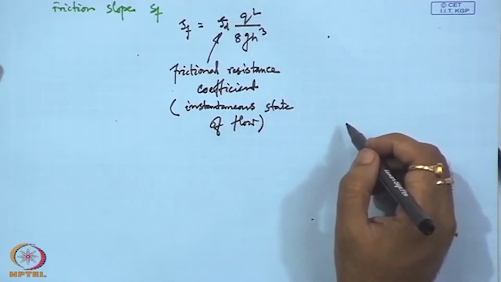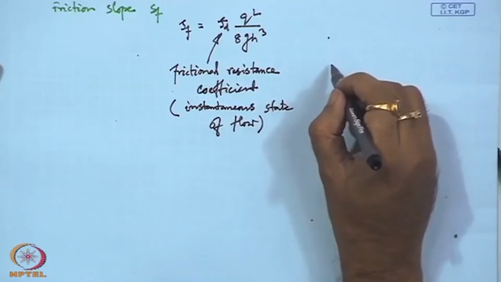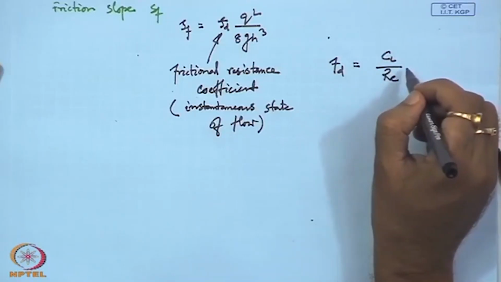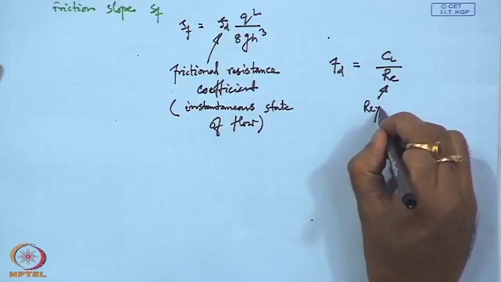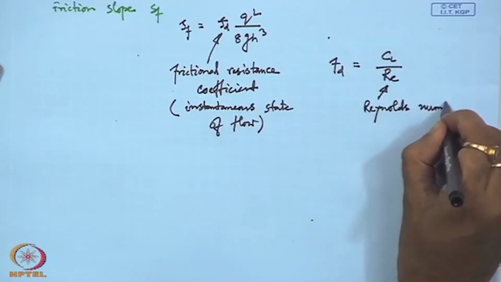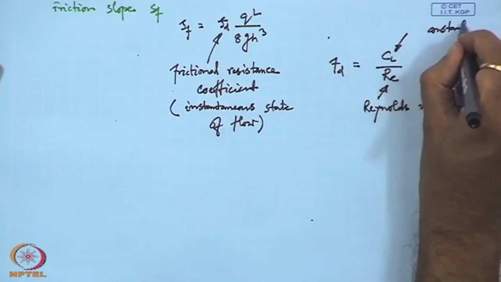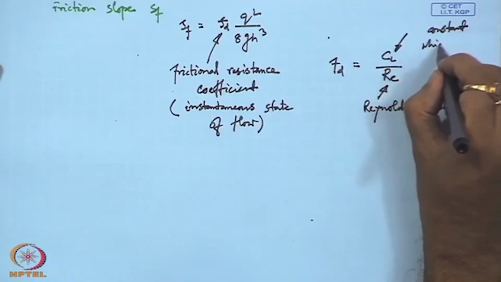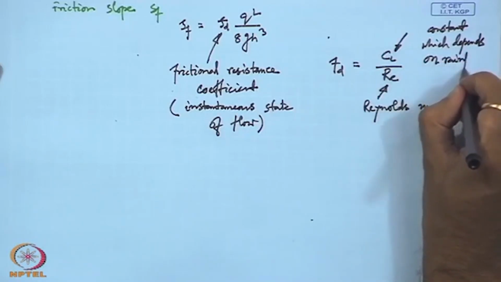So, flow is laminar by assumption. So, we can write FD equals to CL by RE, where RE is the Reynolds number, and CL is the constant which depends on rainfall intensity.